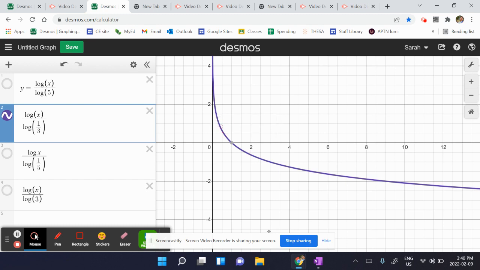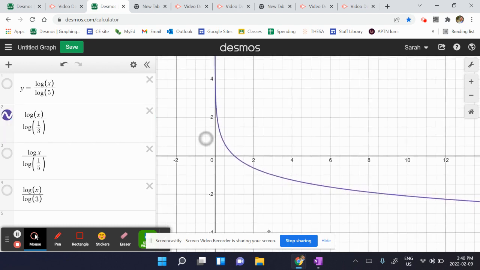Anyways, what you're going to notice is this is going to be 1/3 right here when y is equal to 1. 0.3333 continuous. Okay.